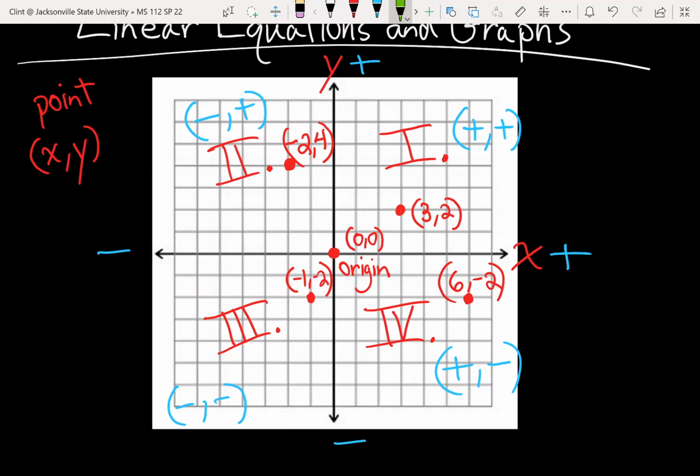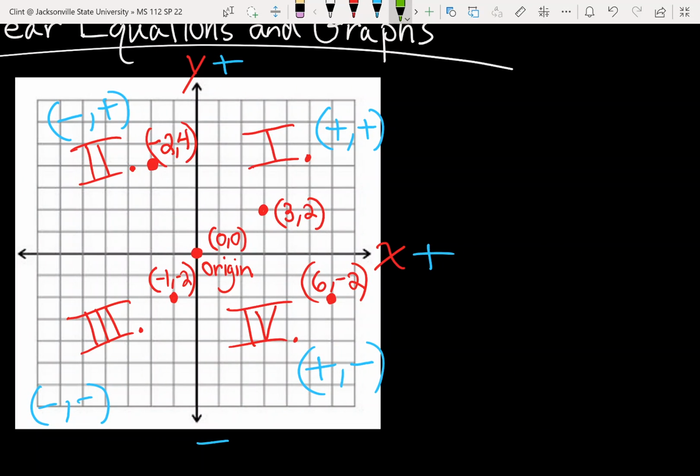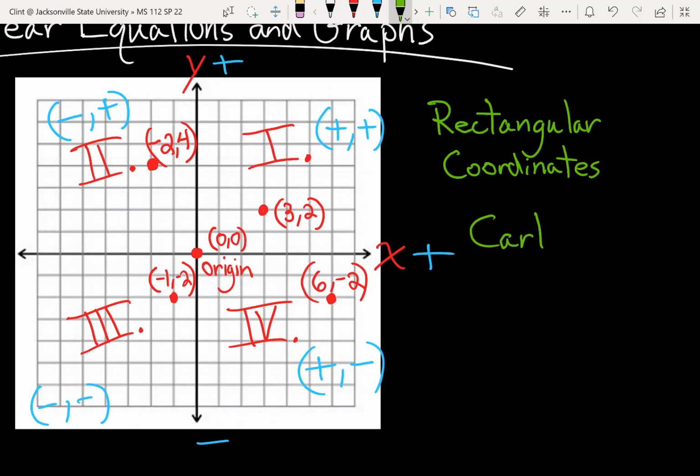So not a lot there. It's just the basics. These coordinates that we're using, there are different coordinate systems that you could use. Using a grid like this, one name for that is rectangular coordinates. Maybe a little bit fancier name would be to call these Cartesian coordinates.